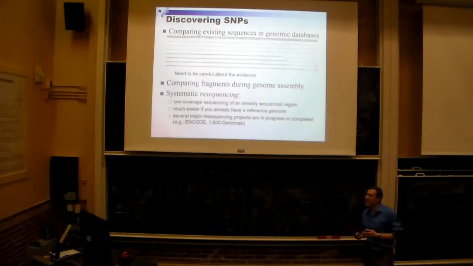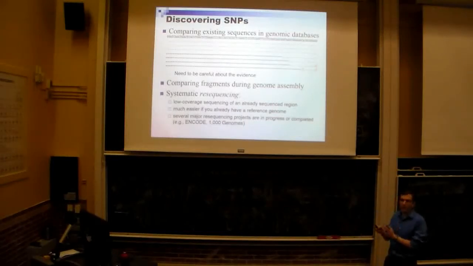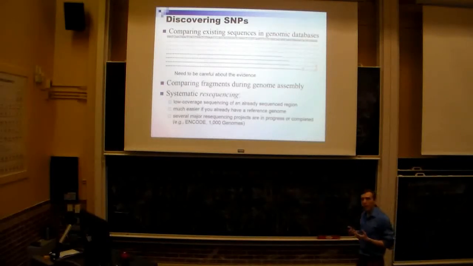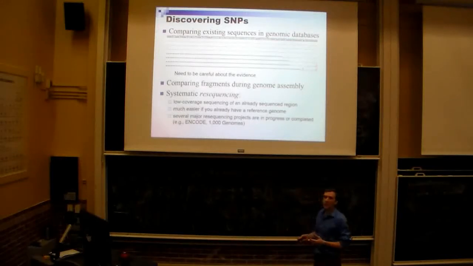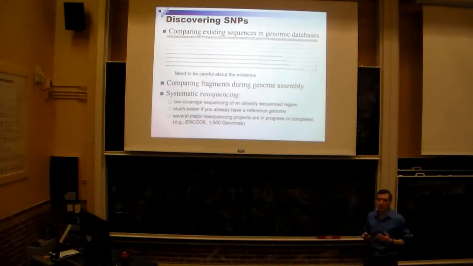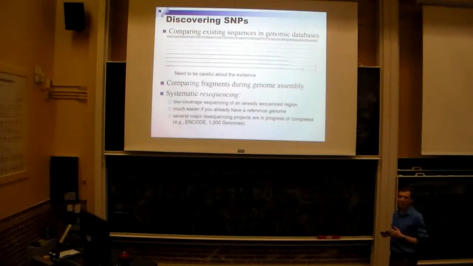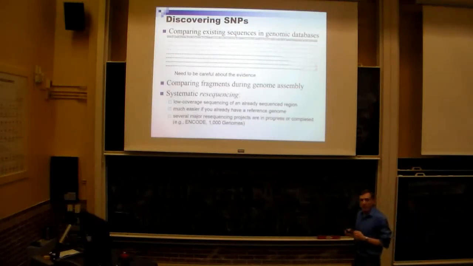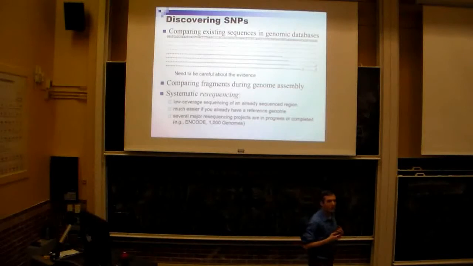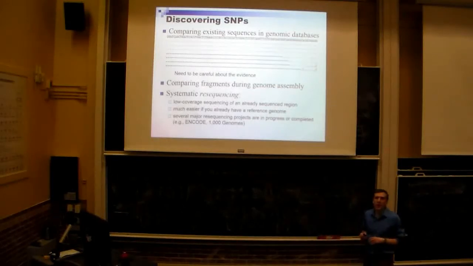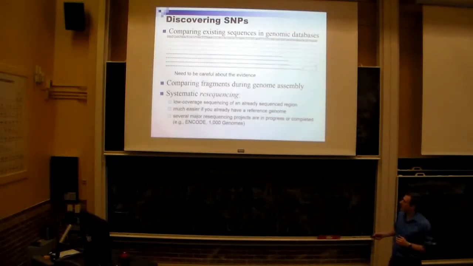And by putting all of that together, we could see not just where those sequences lined up, but where there were subtle differences between them. And the first whole genome libraries of SNPs came, again, as a kind of lucky happenstance from the process of building genomes. More and more often, these are coming through systematic resequencing. So in many cases, we now want to know specifically about these genetic variations, and huge studies have been conducted to try to identify these variations.